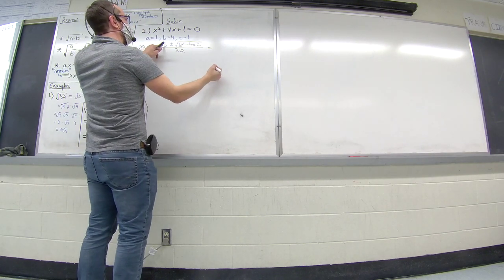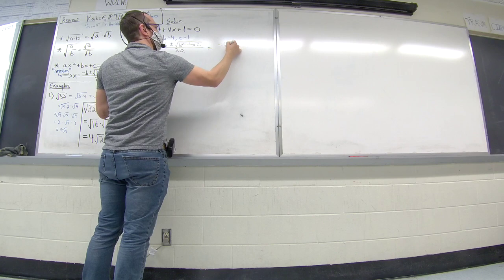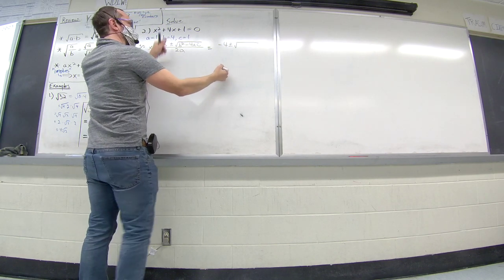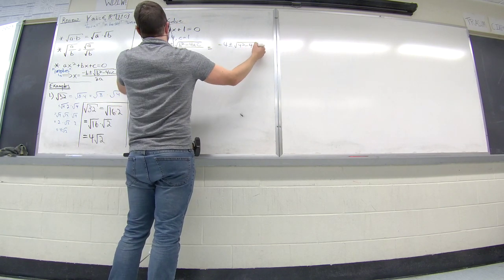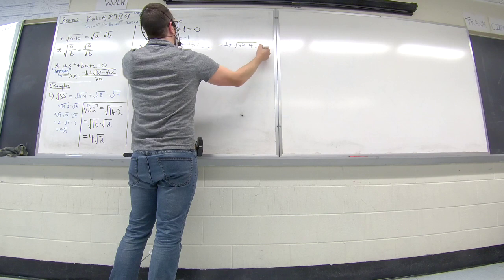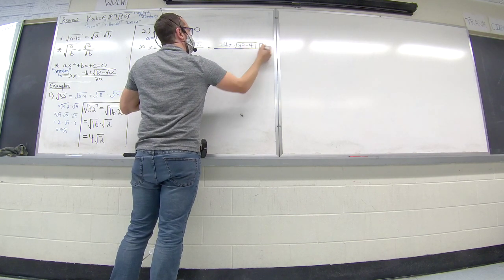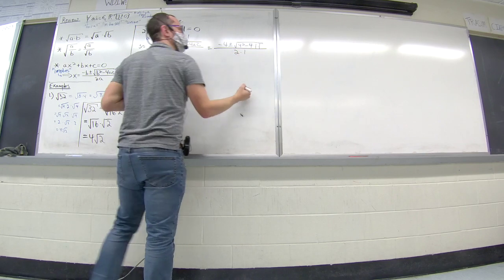So now I'm going to plug in, in place of the b, the 4. In place of the a, 1. In place of the c, 1. All over 2 times 1.